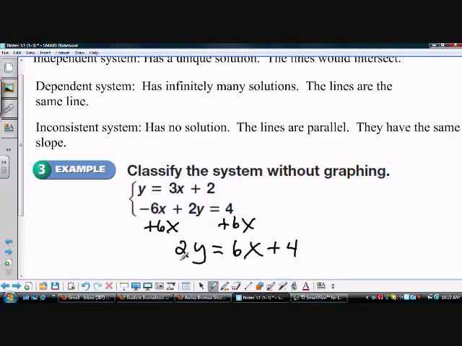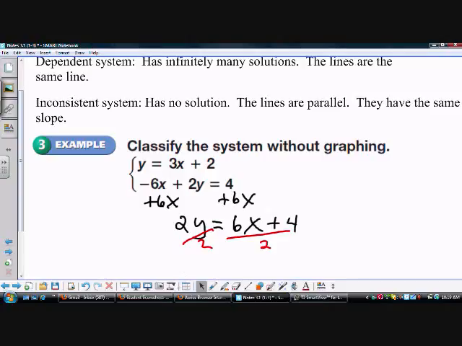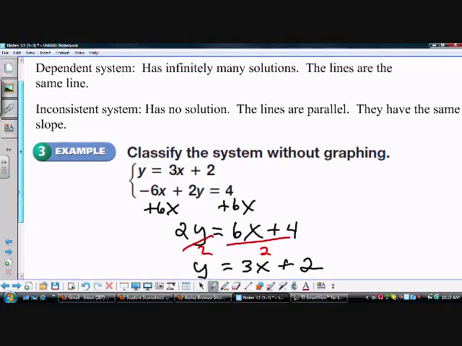I'll divide both sides by 2 and get y equals, 6 divided by 2 is 3, so that's 3x plus 2. These two lines have the same slope. Are they dependent, inconsistent, or independent?